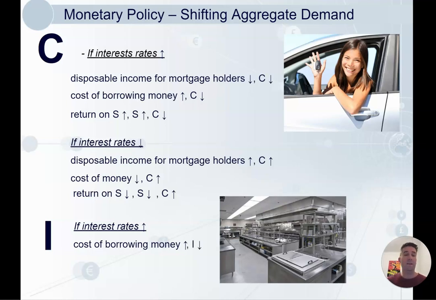You're less likely to do that if the cost is higher. You've got to pay more interest on the loan that you get to do it. So that changes the equation. It might not be viable to do that now. All right, and then of course, if interest rates go down, the cost of borrowing money goes down, you'll invest more, right? Straightforward effects, really.